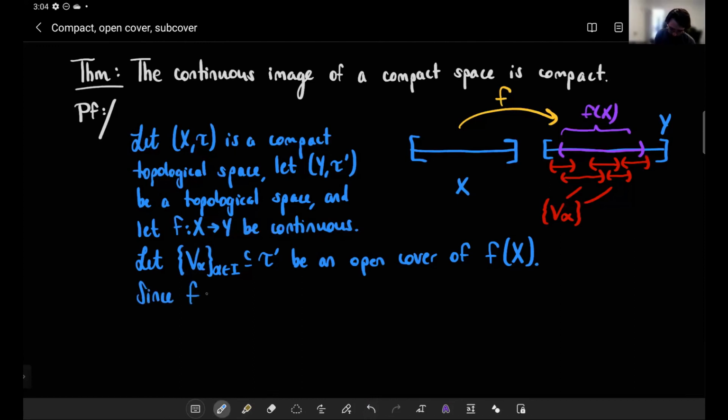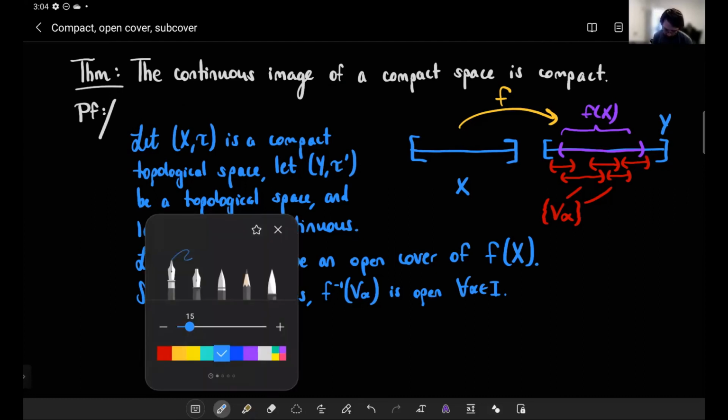So I'll say, since F is continuous, preimage of V sub alpha is open. And that's true for all alpha, whatever your index set is for that open cover. Cool.